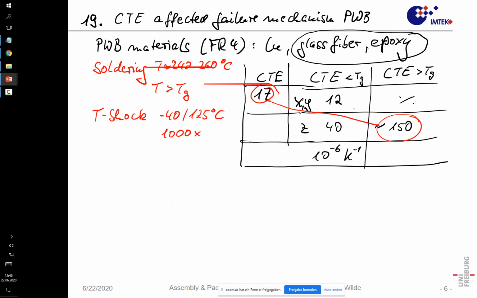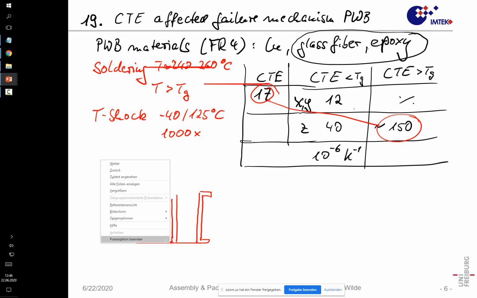I can make a small sketch. The via holes, yes, that's the via holes. And typically it's like this.